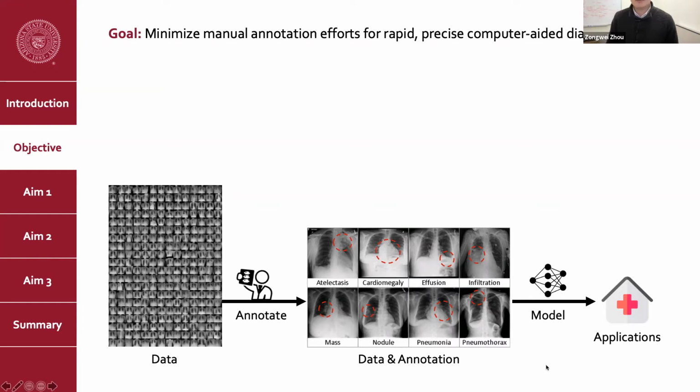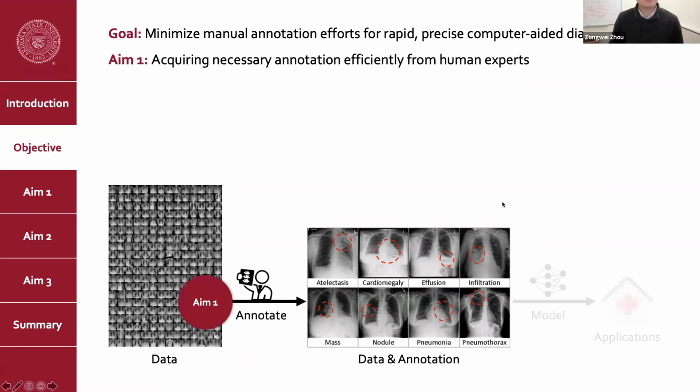To optimize this workflow and to quickly build an efficient system, my research goal is to develop methods to minimize the manual annotation effort. To do so, I have outlined 3 specific aims. The first aim is to smartly acquire necessary annotation from human experts.